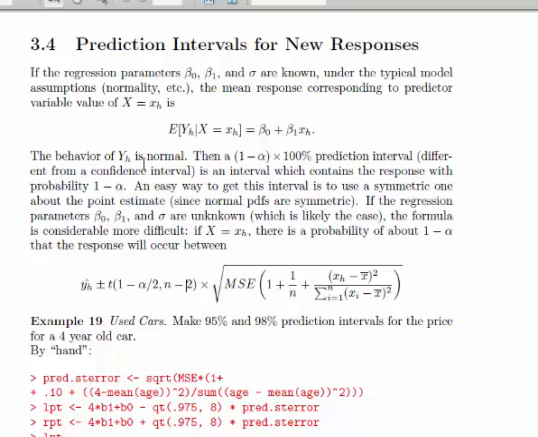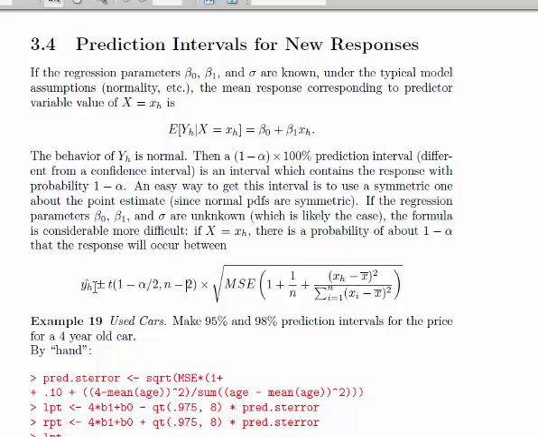Yh is normally distributed, conditioned on x being equal to xh. Its mean is right along the actual regression line, which you'll never know. Remember, these betas are parameters. We estimate them with those b's. But anyway, here's how we make the interval.